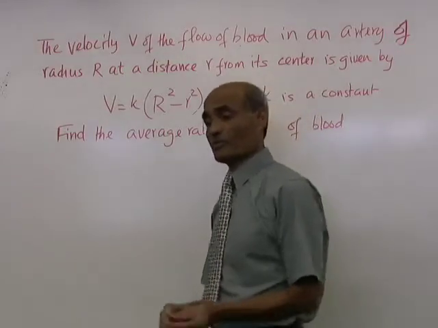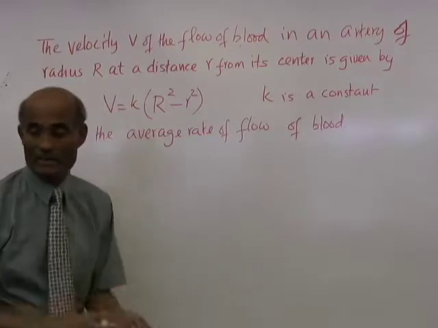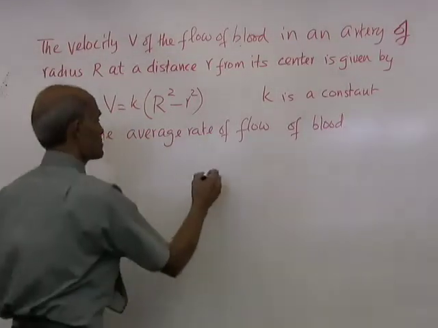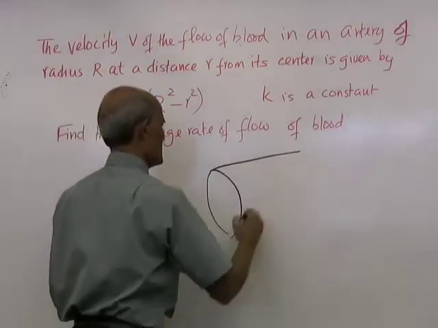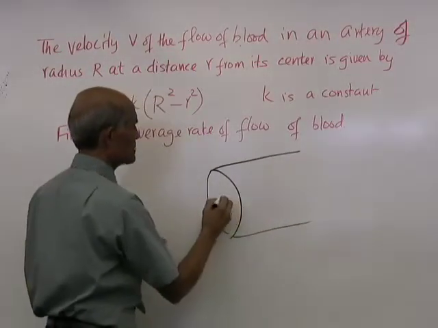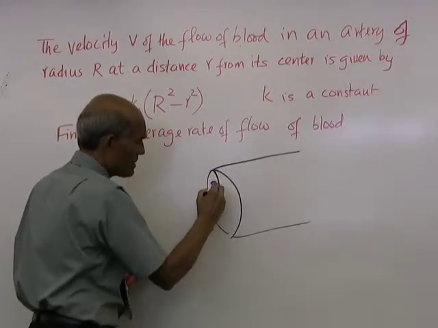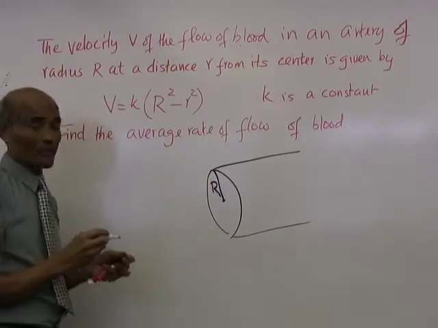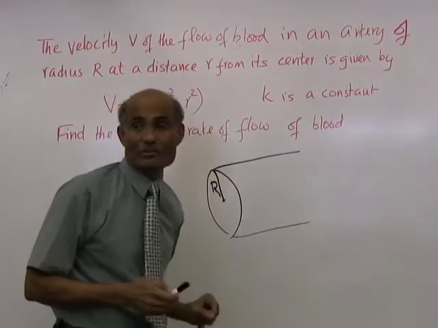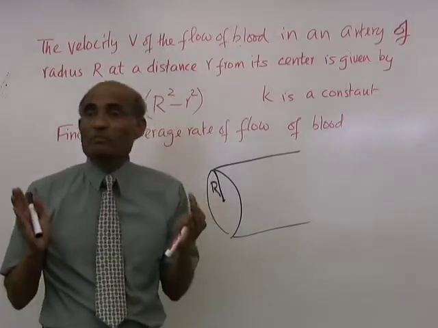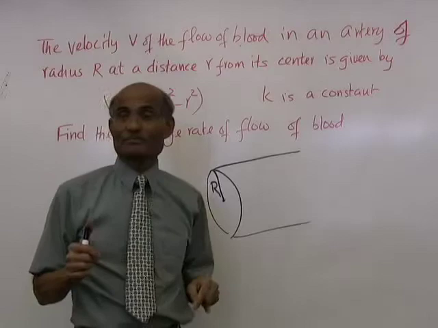Now, if you notice, an artery is a tube. Let's draw the artery. It's going to be something like this. That's the artery, and we are told that the radius of the artery is uppercase R. Now, blood is flowing through the artery. Will the speed of blood be the same at every point?